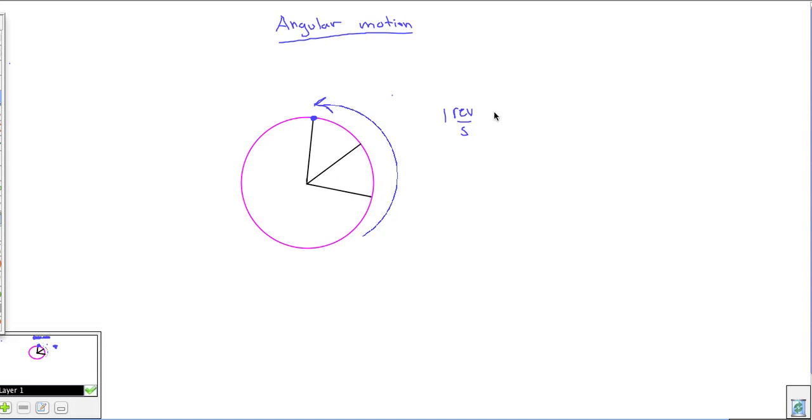But in physics, we don't use revolutions per second in our calculations. Instead, we use a thing called a radian. Now, what is a radian? Well, a radian is simply an angle in which the arc subtends the radius.